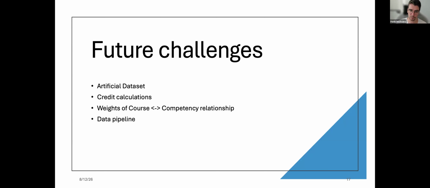So this needs to be incorporated into that. And also thinking of the whole mechanism about the weights between the courses and competencies, that will be really challenging. And also the data pipeline, but it's similar to the data set. It will be part of it.